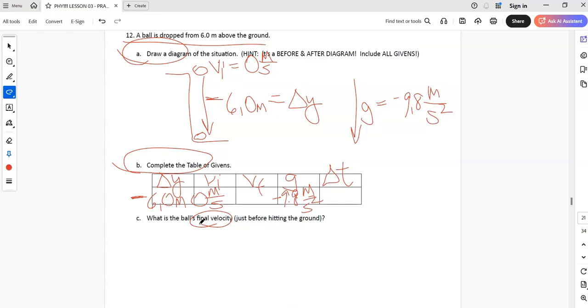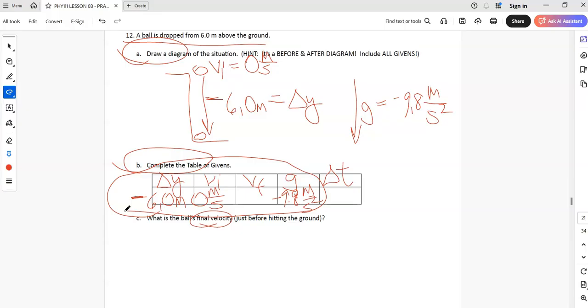In other words, it is the fastest this ball gets to move just before contacting the ground. So we're looking for a final velocity, which means we are interested in these 4 parameters, and we have to look for a formula that has just those 4 parameters in it. We don't have any information about time, and we're not being asked for time, at least not yet.